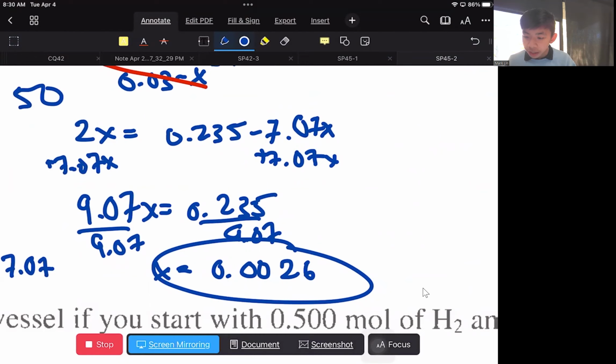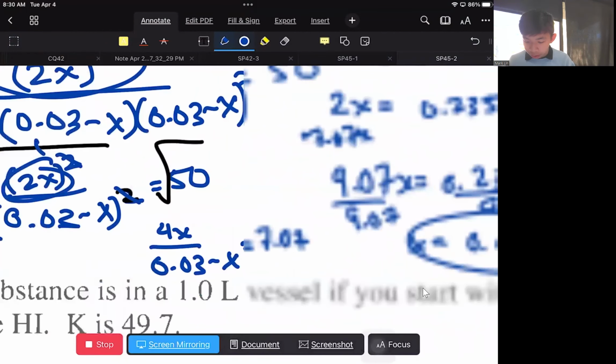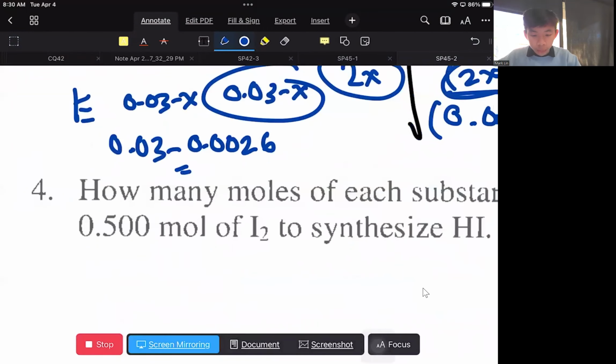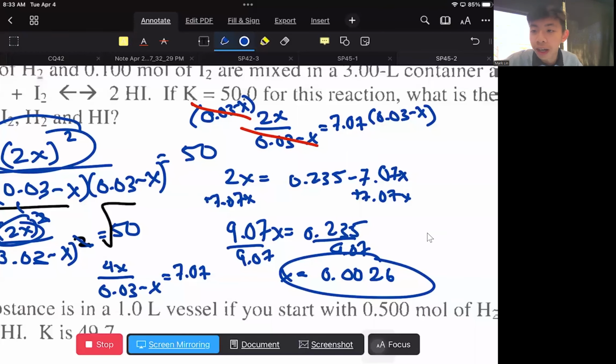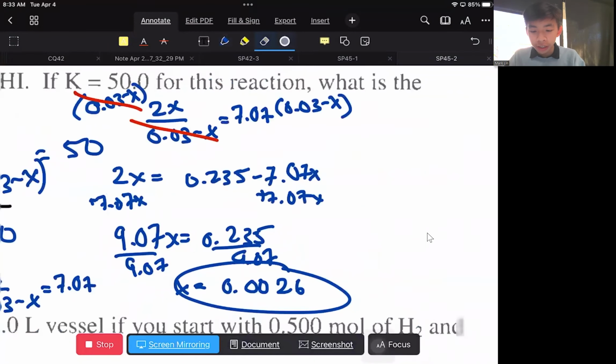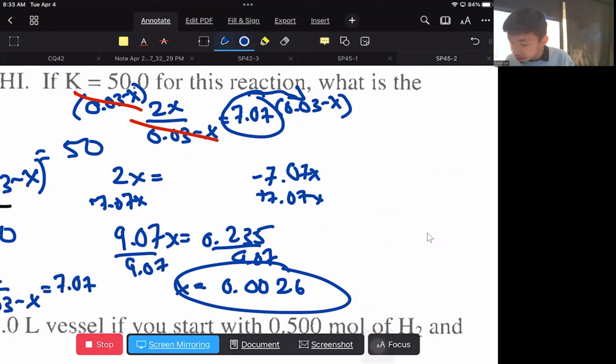And for H2 you're going to get 0.004, I think. Well, let me check. Wait, made a little mistake again. 7.07 times, oh shoot, 7.07 times 0.03 will give you 0.2121, right?